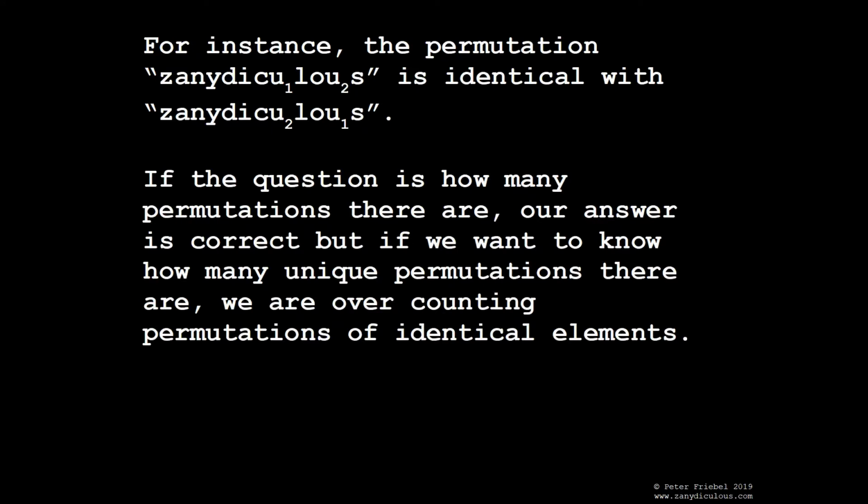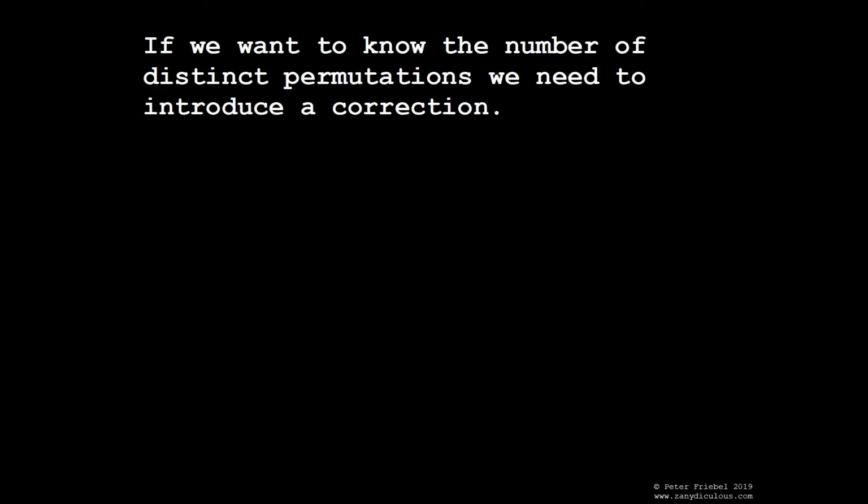If the question is how many permutations there are, our answer is correct. But if we want to know how many unique permutations there are, we are overcounting permutations of identical elements. If we want to know the number of distinct permutations, we need to introduce a correction.